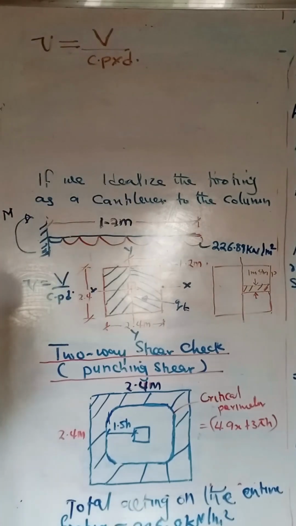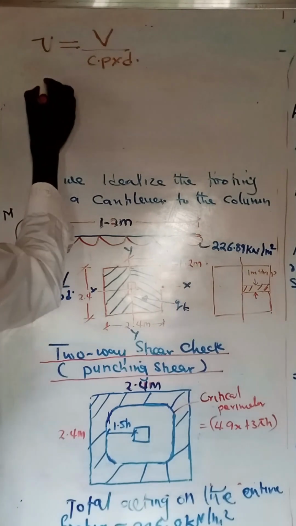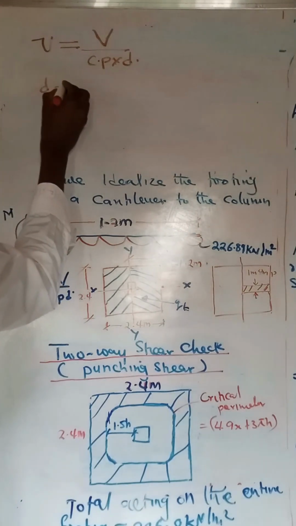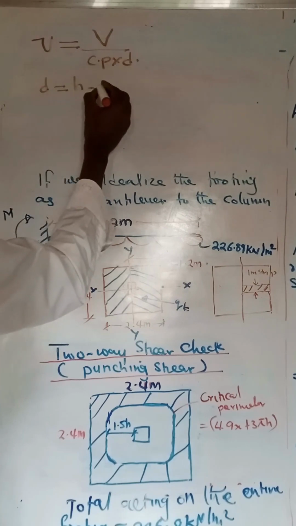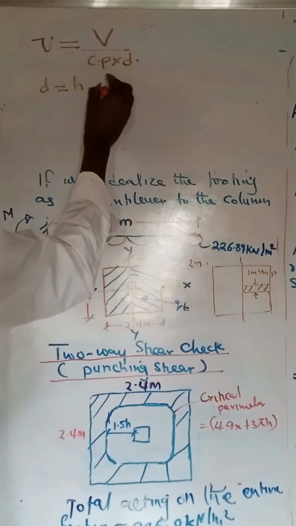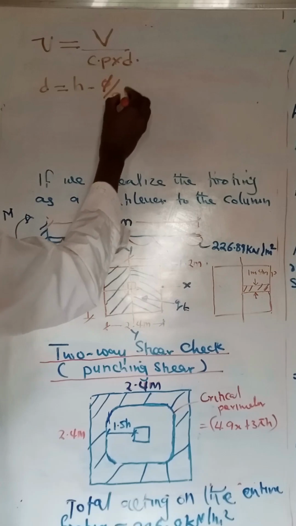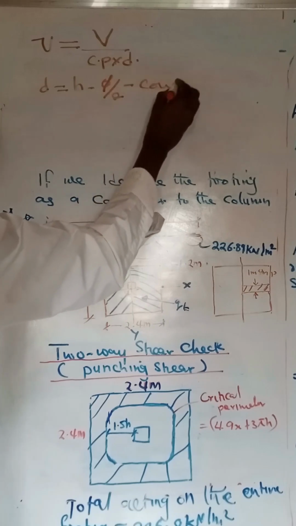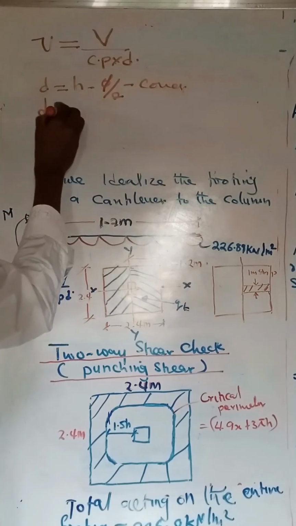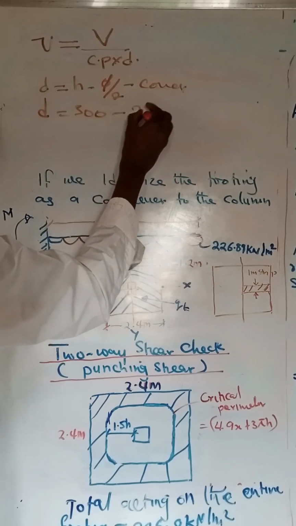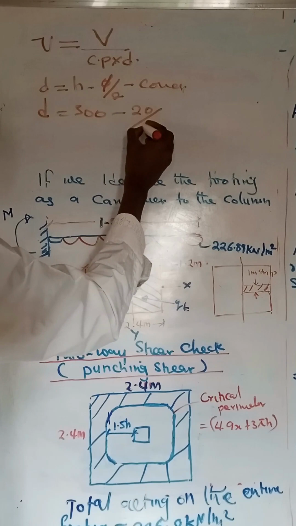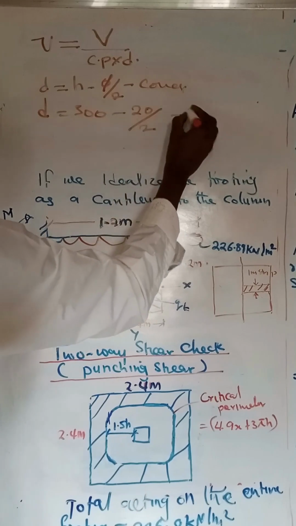Remember, we've gotten the total depth of footing. We can say the effective depth d is equal to depth of footing minus diameter of bar over 2 minus our cover. So we can have our d to be 300 minus 20 over 2 minus 50.